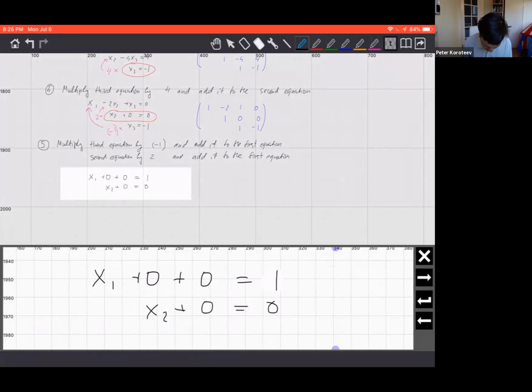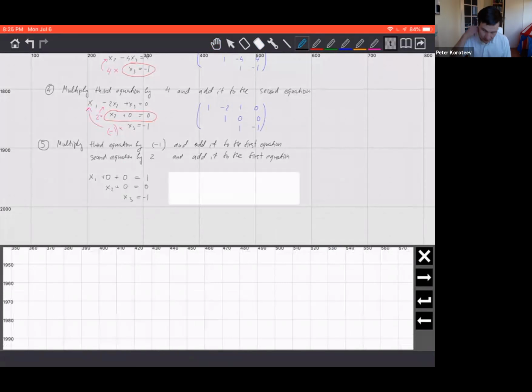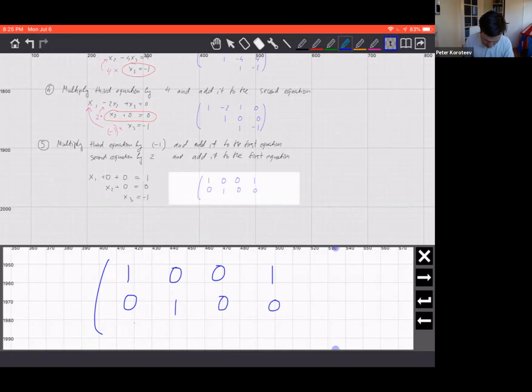And the third equation is x3 equals minus 1. And finally, the augmented matrix looks like this: 1, 0, 0, 1, 0, 1, 0, 0, 0, 0, 1, minus 1. Okay, so that completes the solution.